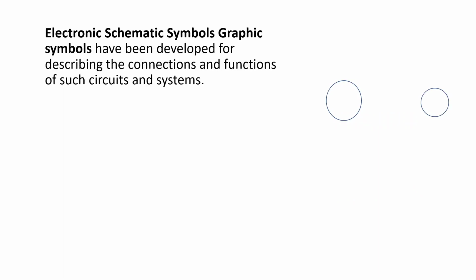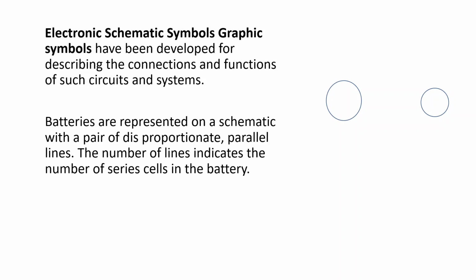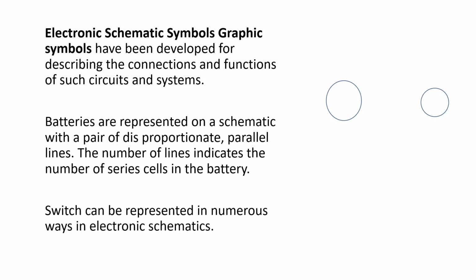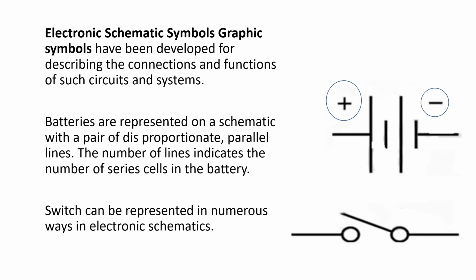Electronic schematic graphic symbols have been developed for describing the connectors and functions of such circuits and systems. So, the batteries are presented on a schematic with a pair of disproportionate parallel lines.